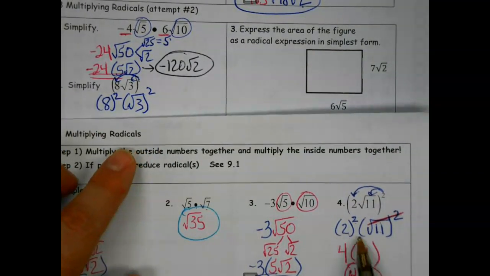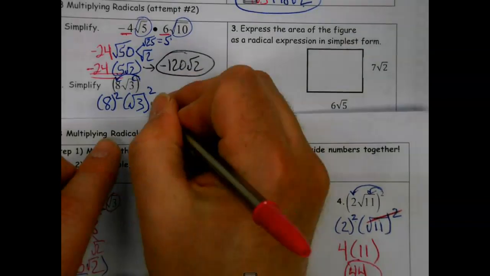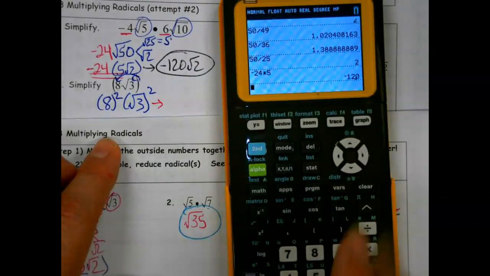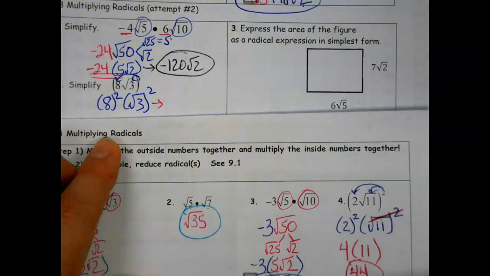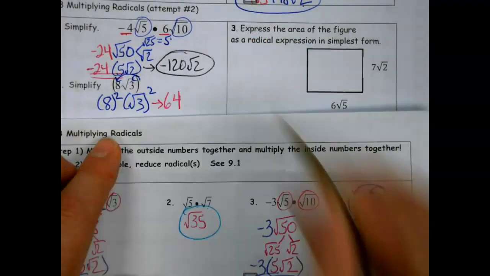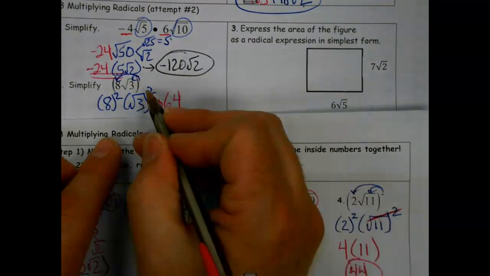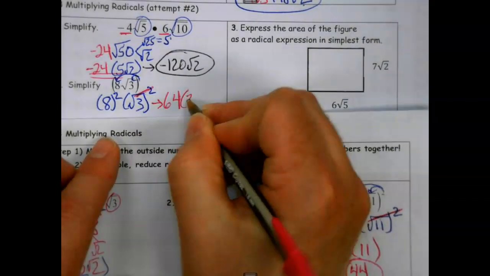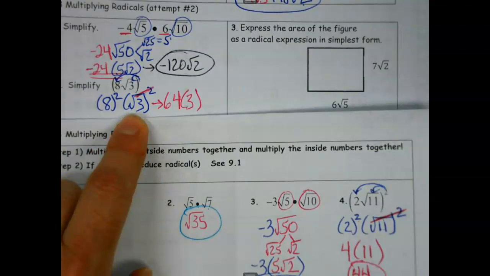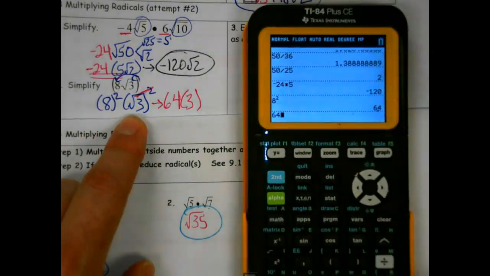And as I notice over on my example, 8 squared, I just type in and I get that answer. But here, the squared and the square root cancel. So it just stays what it's under there. I'm not squaring the 3. And then we just multiplied those two together.